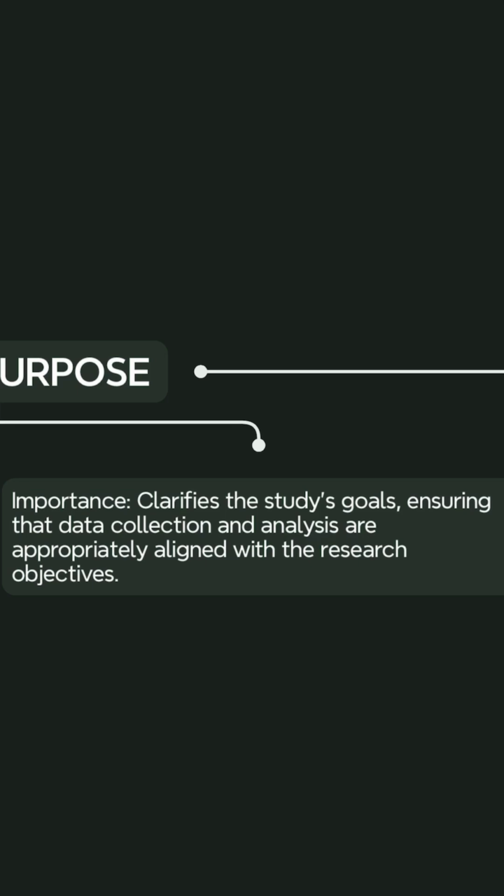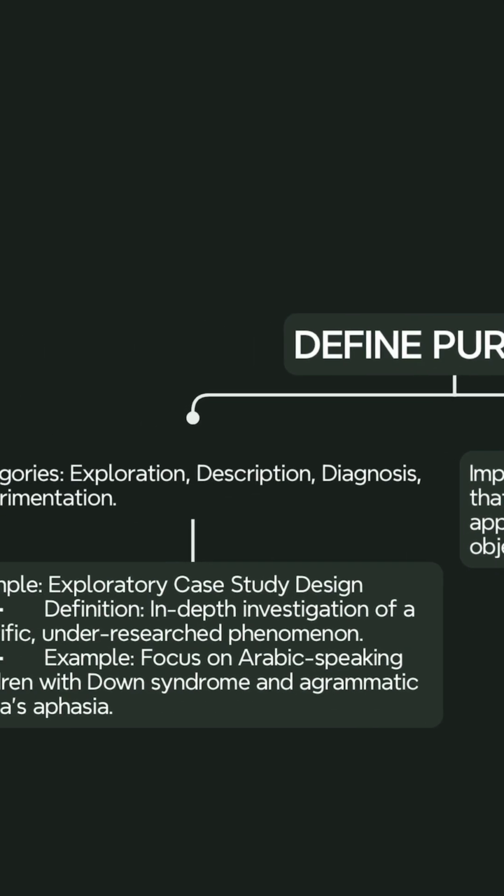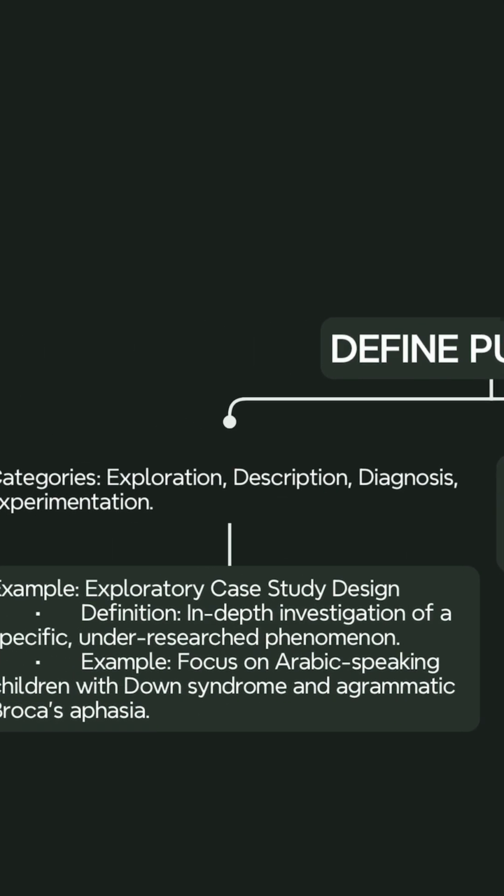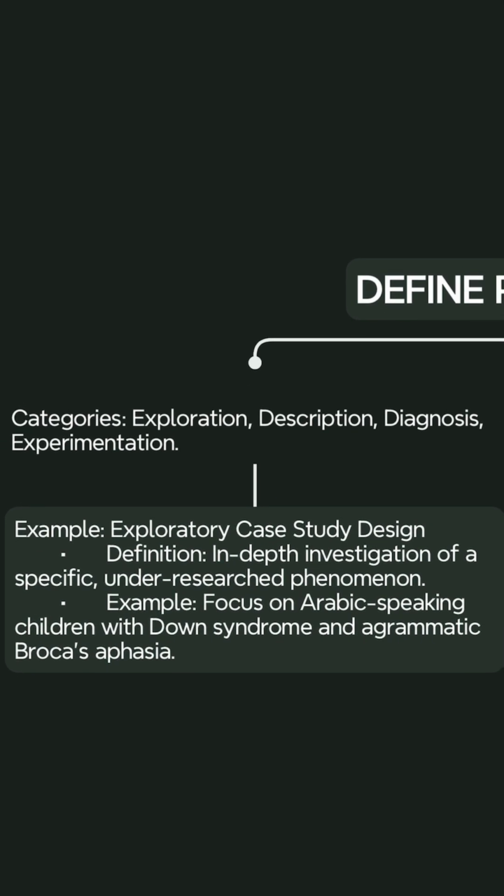Now, in every research we will have categories. Your research may be exploratory, explanatory, descriptive, experimental. It depends on your goal, on your purpose, on your objectives, etc. So I'll be providing you with an example from our dissertation.